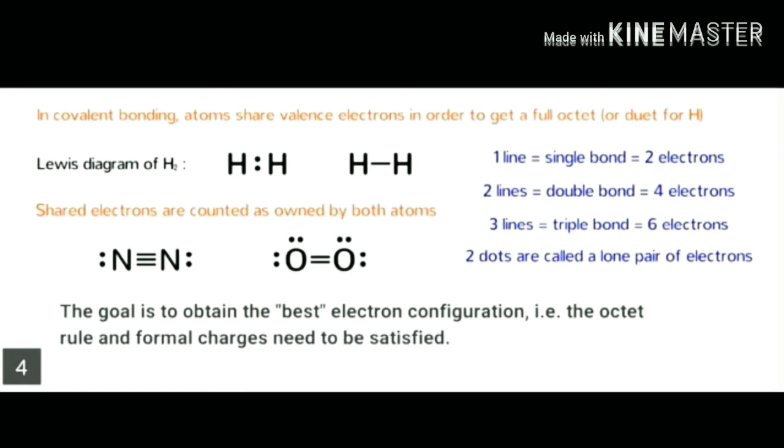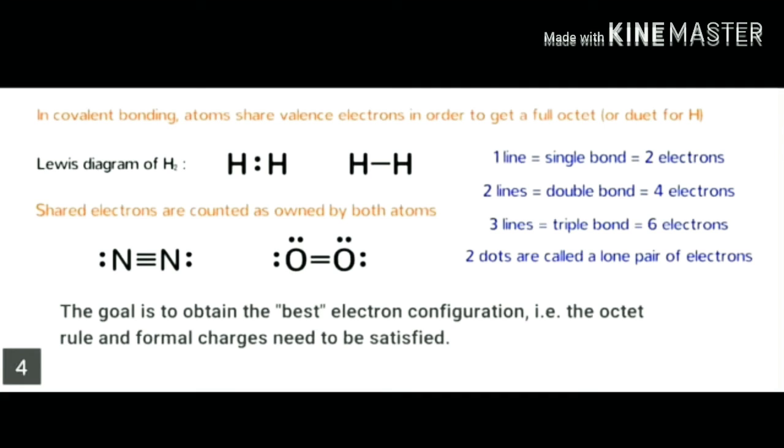In covalent bonding, atoms share valence electrons in order to get a full octet, or a duet for H, which is hydrogen. As you can see, this is the Lewis diagram of hydrogen. Each hydrogen atom has one valence electron, and by joining another hydrogen, which also has one valence electron, it forms a duet.